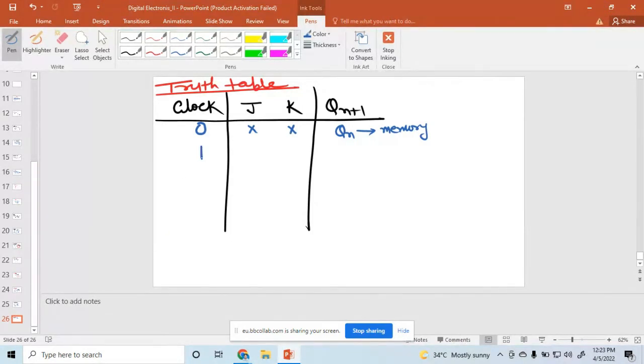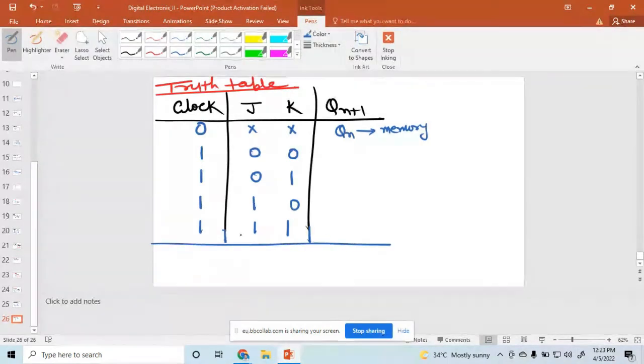And when the clock pulse is 1, then you can select JK as 00. When clock pulse is 1, it may be 01. When clock pulse is 1, it may be 10. Or when the clock pulse is 1, both the values are 11. So what is the drawback of the SR flip-flop? If the input is 1 1, in that condition output is invalid.